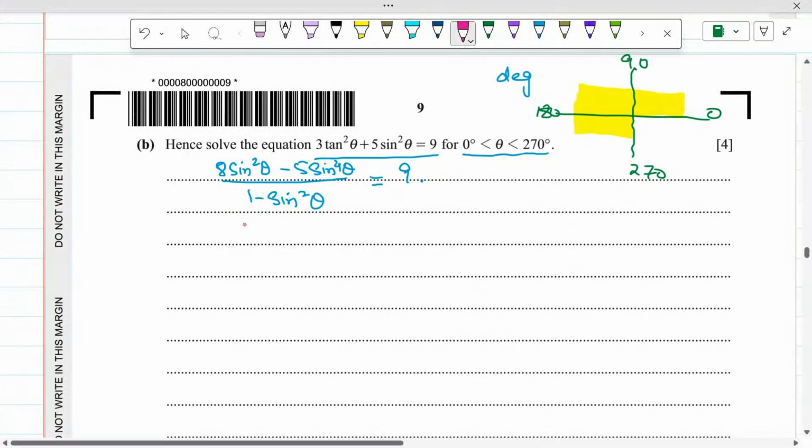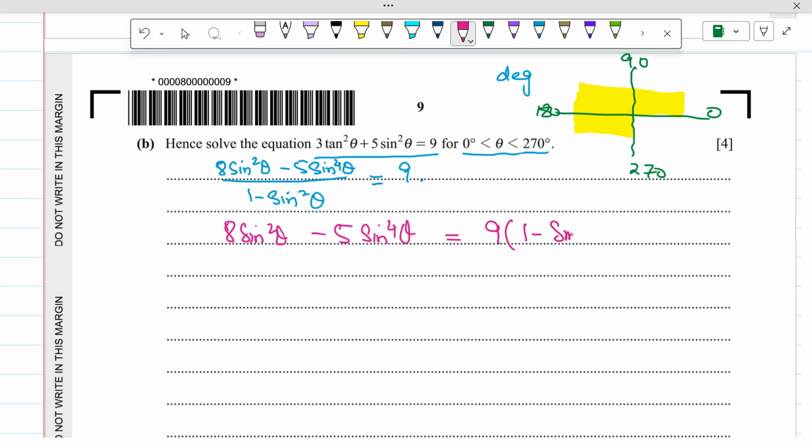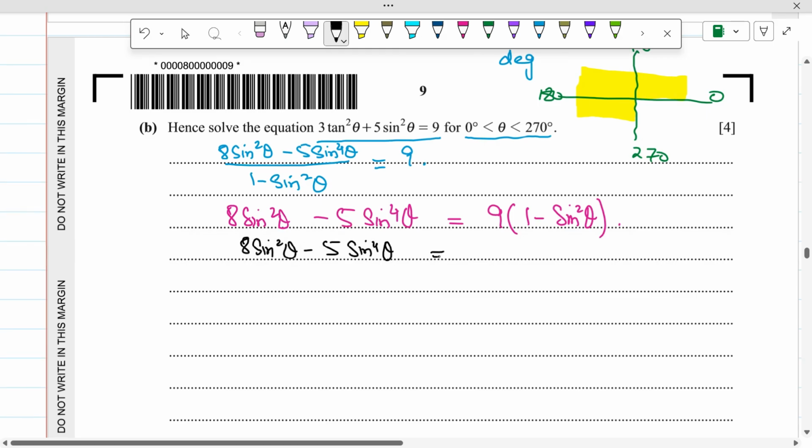So further solving by cross multiplying, we will have 8 sine square of theta minus 5 sine to the power of 4 of theta equals 9 times 1 minus sine square of theta. Further solving, we will have 8 sine square of theta minus 5 sine to the power of 4 of theta equals 9 minus 9 sine square of theta.